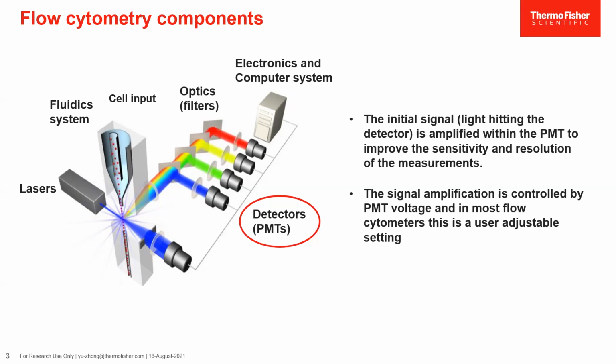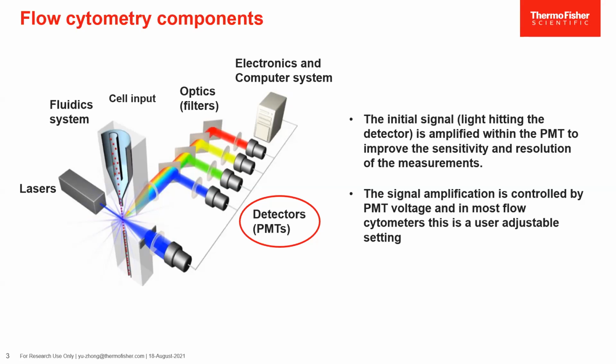The initial signal, the light hitting the detector, is amplified within the PMT to improve the sensitivity and the resolution of the measurement. The signal amplification is controlled by the PMT voltage, and in most flow cytometers this voltage setting is user adjustable.